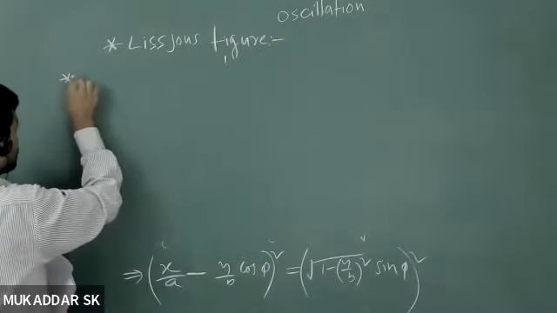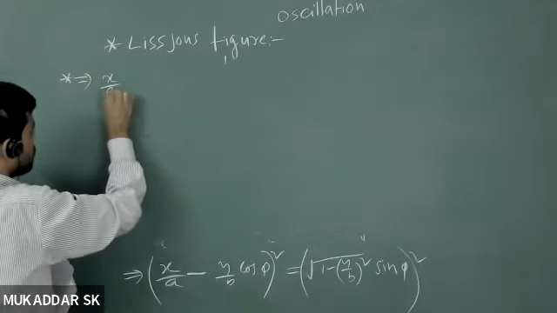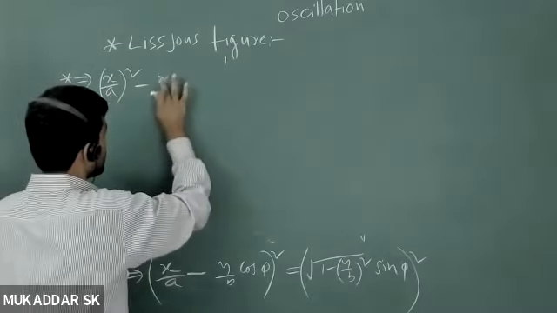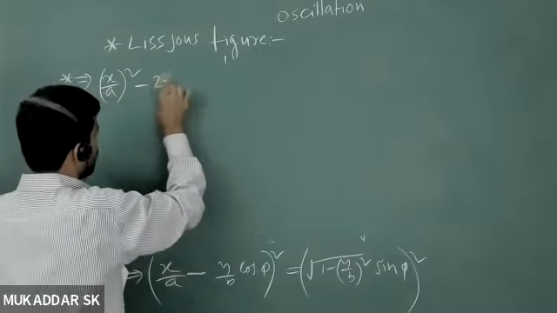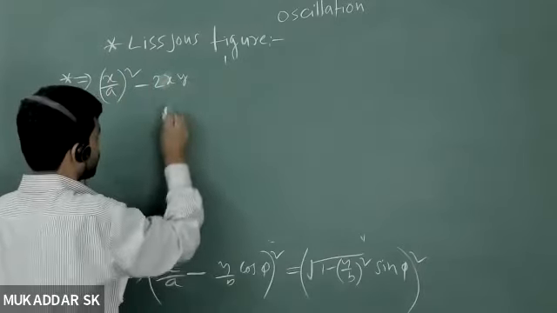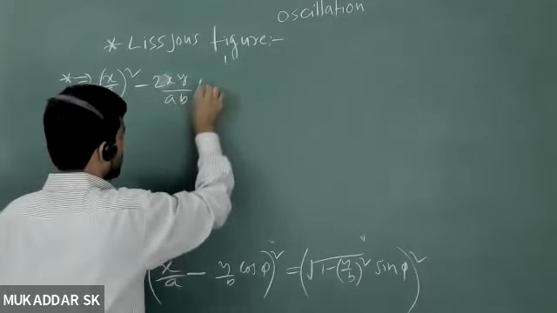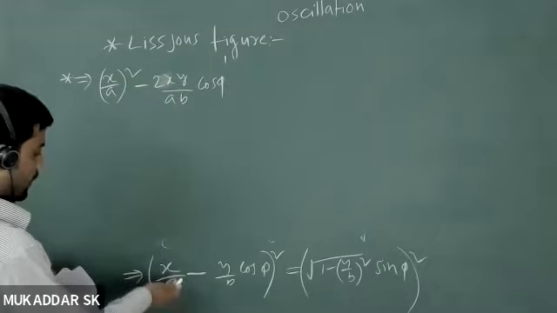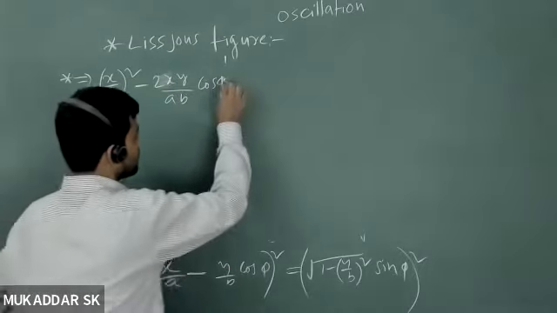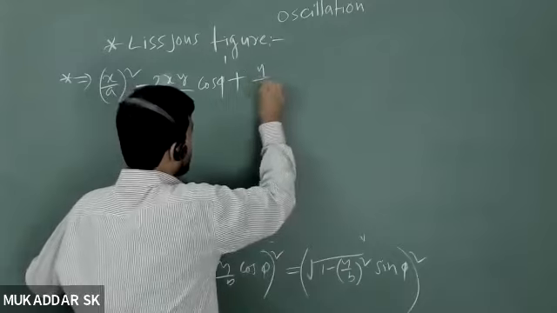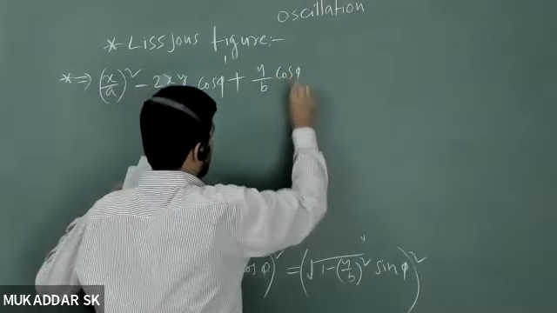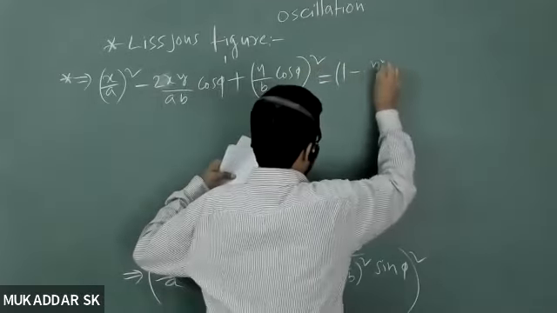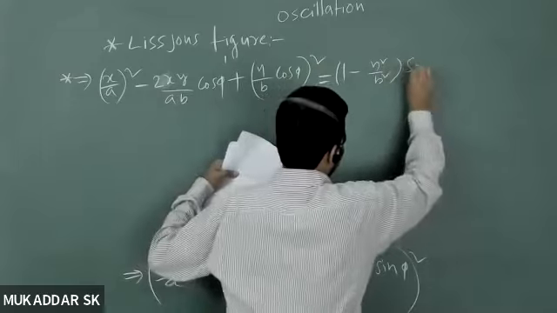You will get (x by a) whole square minus 2xy by ab cosine phi, right? Just break that square: a square minus 2ab plus b square, right? The last term will become (y by b cosine phi) whole square. And that should be equal to 1 minus y square by b square sine square phi.